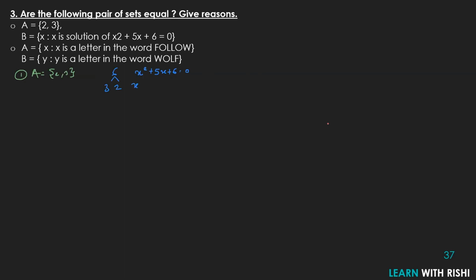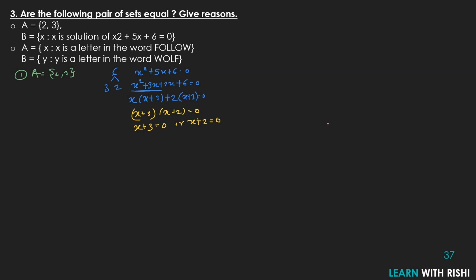So write x square plus 3x plus 2x plus 6 equal to 0. So we'll take common factor from here. x is common, x plus 3, plus 2 is common, x plus 3 equal to 0. From here we get x plus 3, x plus 2 equal to 0. So either x plus 3 equal to 0 or x plus 2 is equal to 0.